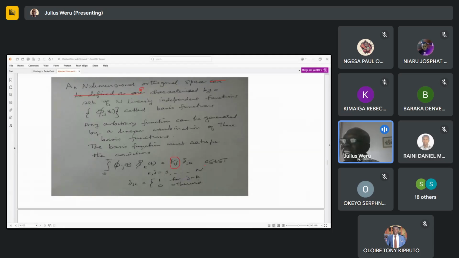When j is not equal to k, you get 0. When it's equal to k, you get an output. So it's 0 when j is not equal to k. Yeah? Because if j is not equal to k, then you are multiplying two of the basis functions and then integrating them over T. And that is supposed to give you 0.